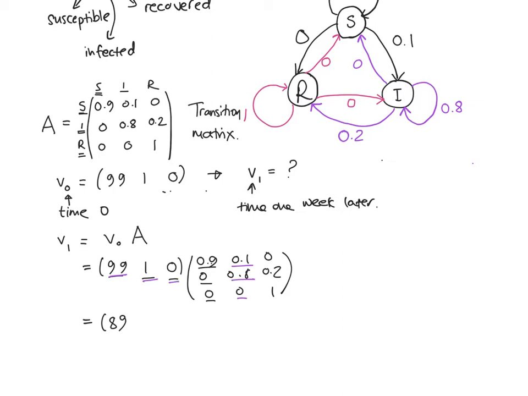And that will give us 11 with a little bit of rounding. And then finally for the last entry we have 99 times 0 plus 1 times 0.2 plus 0 times 1, and with rounding that's going to give us 0. So this tells us the population in each state after 1 week.